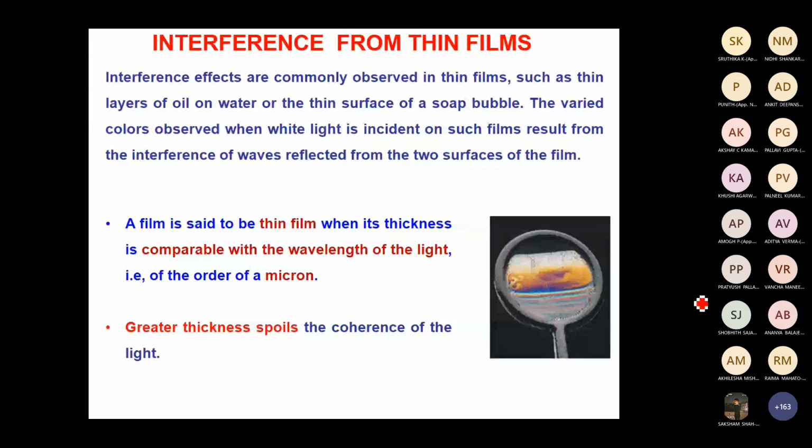It's not a second chapter, it's the same chapter, a continuation of it. The first part was Young's double-slit experiment, which we have completed, along with the numerical. This is the second part, and then you have some more topics like Newton's rings and Michelson's interferometer, which are the next part.